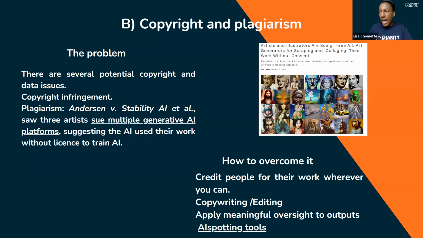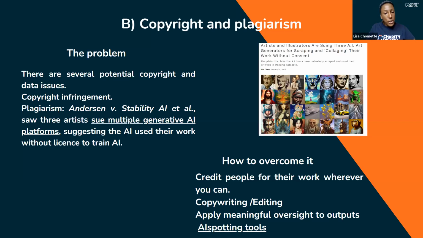And there are the AI spotting tools, which I'll go over in a minute. But essentially, it's all about checking this AI content for factual inaccuracies, potential plagiarism, editing, never copy and pasting it, and generally, again, having loads of skepticism.